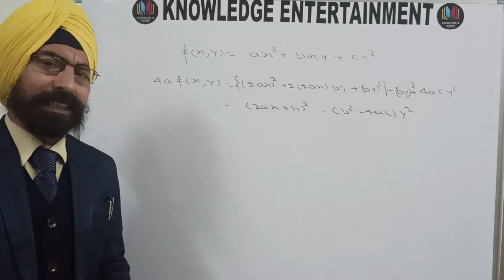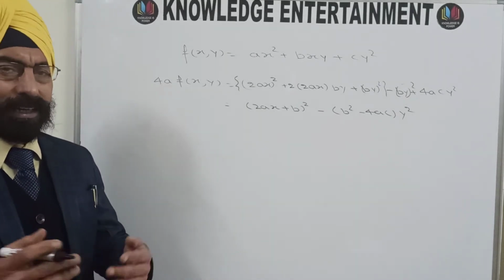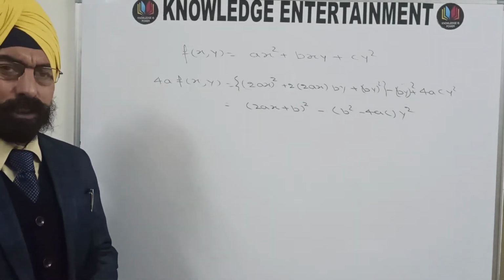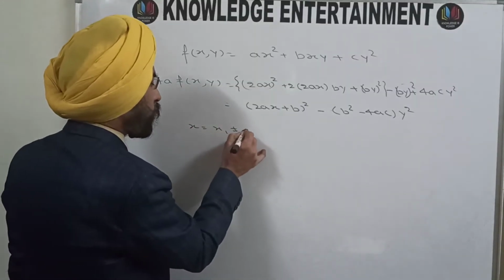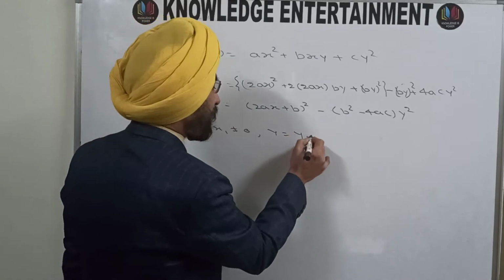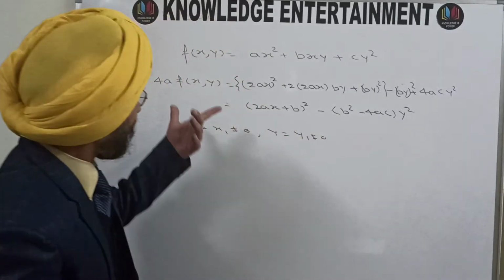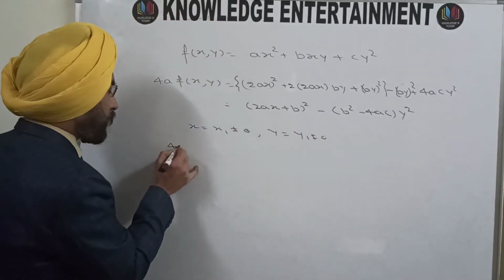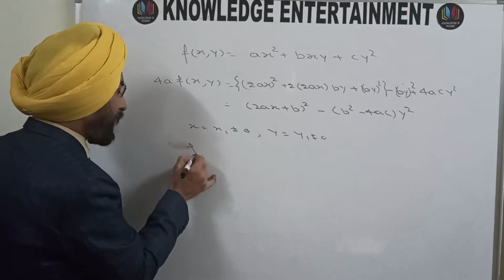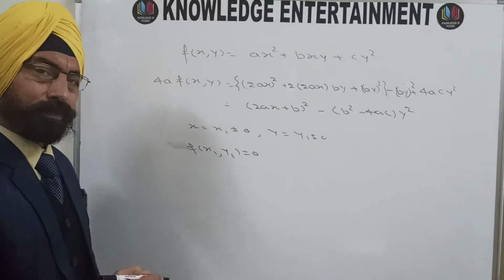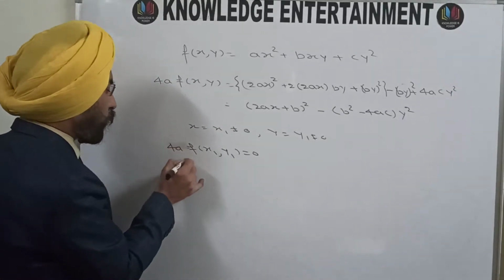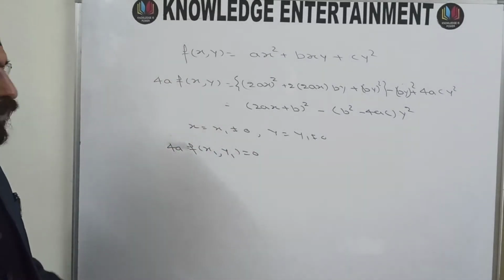Suppose there is any other solution where x and y are not both 0, so let x equal to x1 not equal to 0, y equal to y1 not equal to 0 be a solution. Then f(x1,y1) will be equal to 0. That means 4a times f(x1,y1) is also equal to 0.